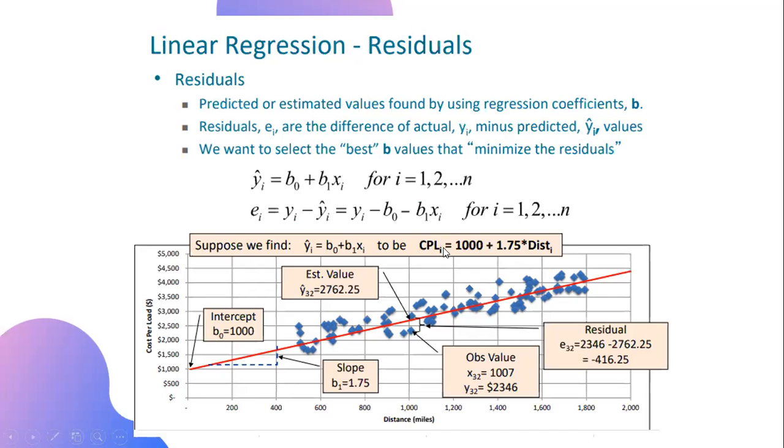The intercept, or the price that you have to pay just to use the service, is 1,000 here. And then there's a factor of 1.75, which is the slope, multiplied by the actual distance that is traveled, right? So this is the regression formula that is generated by applying the regression function in Excel.